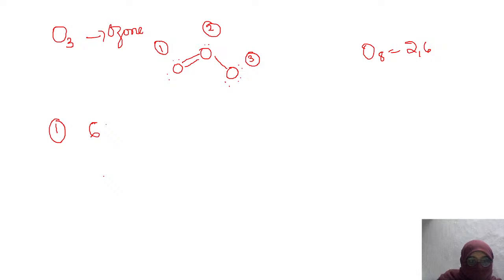How many non-bonding electrons are there? 4, minus bonds divided by 2. It's forming 2 bonds, so 2 by 2 is 1.